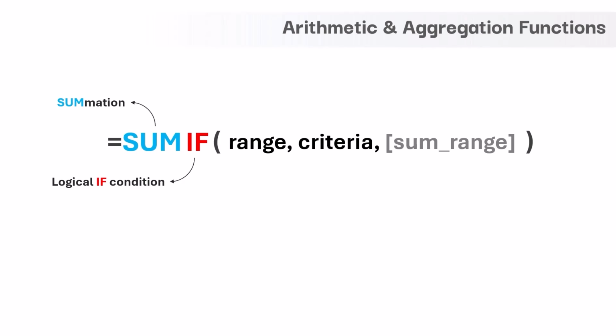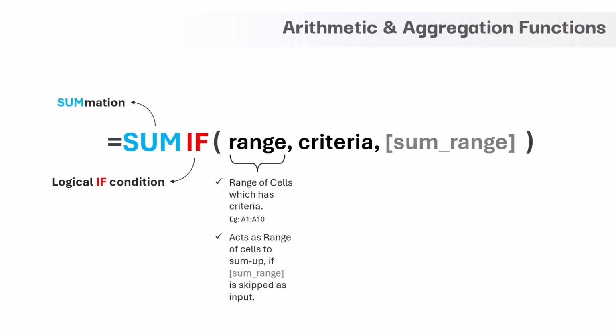upon a logical condition. Next is the argument section, and the first argument is the range. This is basically the range of values which has the logical criteria. In case we don't provide the input to the sum range, which is an optional argument, this range itself will act as the sum range to find the total values.